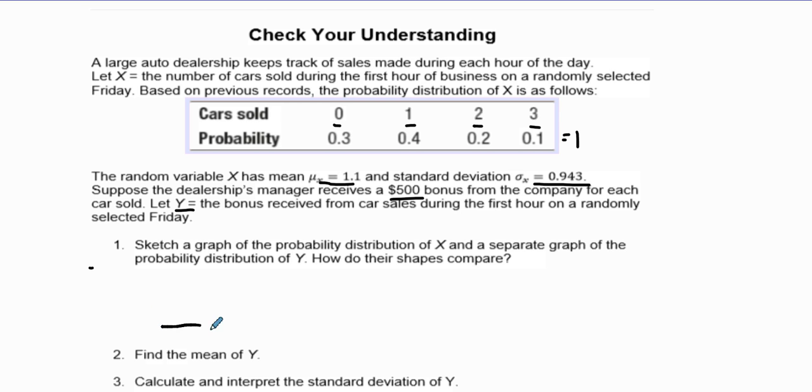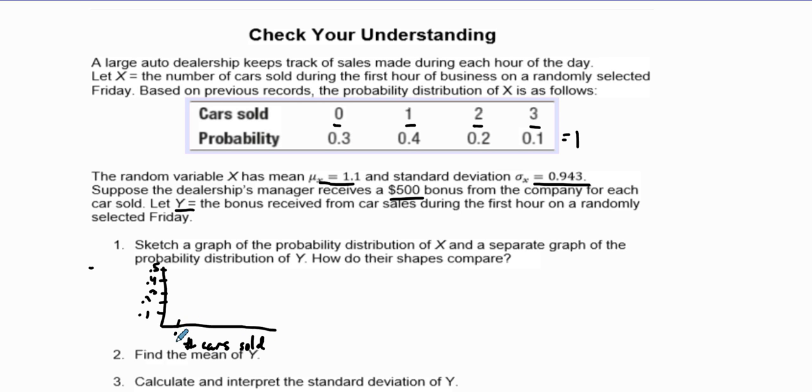So let's do X first. We'll go 1.1, 0.2, 0.3, 0.4, 0.5, and so forth. Now, these are the number of cars sold, and we're going to draw this probability distribution.